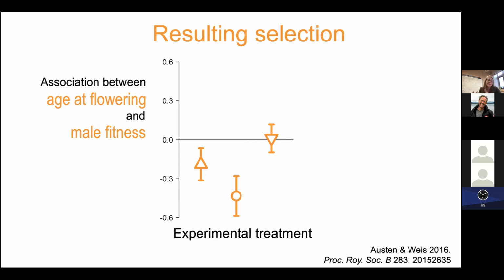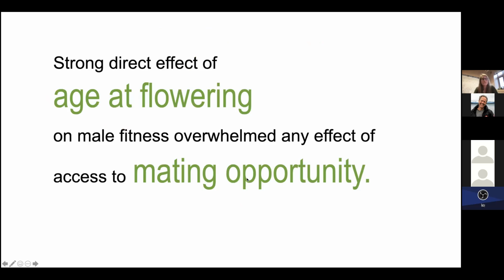Plants that flowered at a young age were just somehow inherently better at fertilizing ovules than were plants that flowered old, even when the opportunity for fertilizing ovules was removed, right? So in other words, this experiment detected a strong effect of age at flowering on male fitness that overwhelmed any effect of access to mating opportunity that I was trying to test.